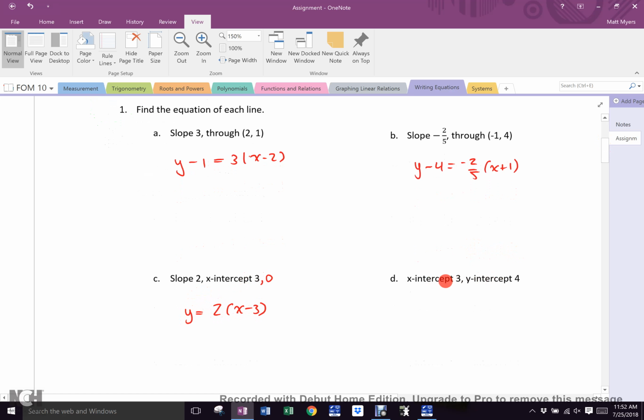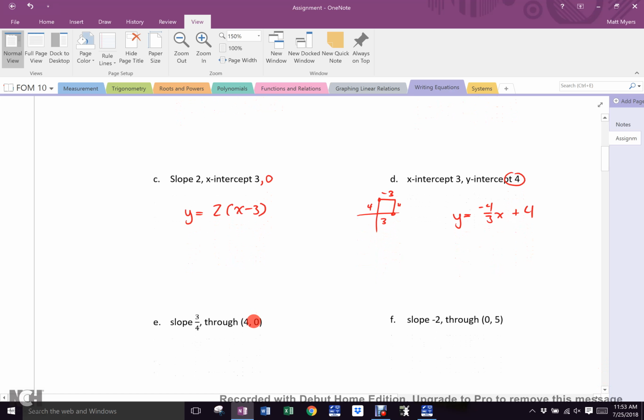X-intercept, y-intercept, this one's a little trickier. Since the y-intercept is 4 and the x-intercept is 3, the rise is 4 over negative 3. And since you know the y-intercept, it's y equals negative 4/3 x plus 4.